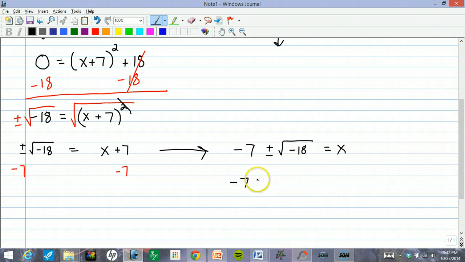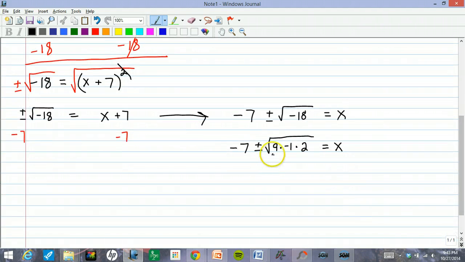Second, almost like a separate little process here. How do we simplify square roots? Factor this. Well, I'm going to call this 9 times -1 times 2. You should know exactly why I'm writing it as 9 times -1. And if you don't, here's why. Square root of 9 is 3.